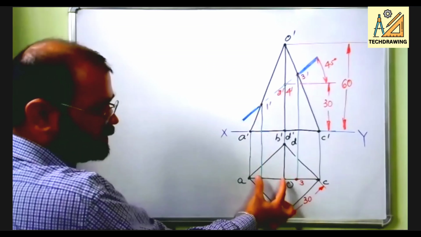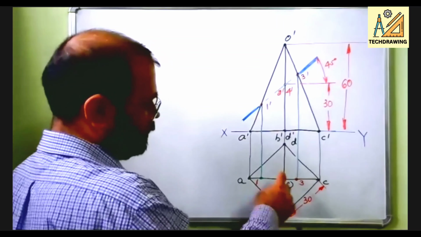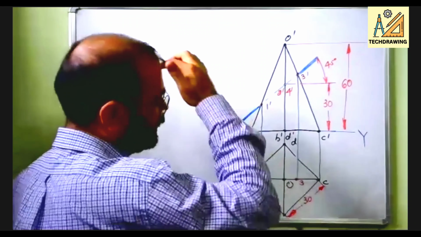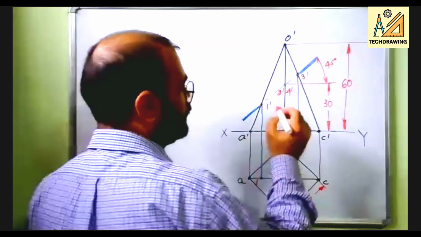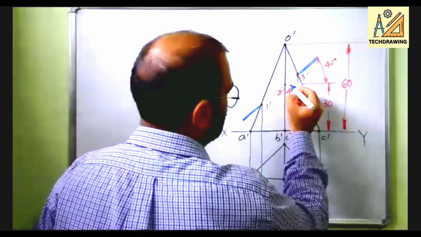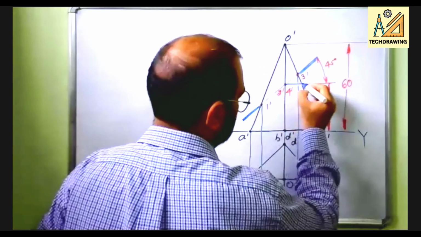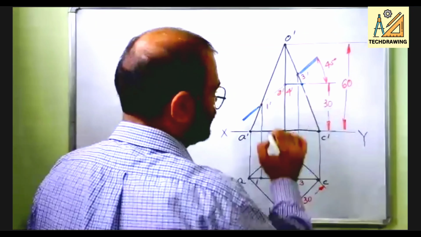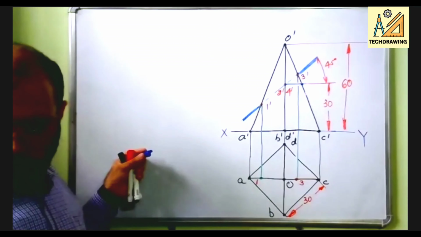For this, what we need to do, just understand it carefully. We cannot find this by any other method. So what we will be doing, can you see this? Draw a horizontal line.